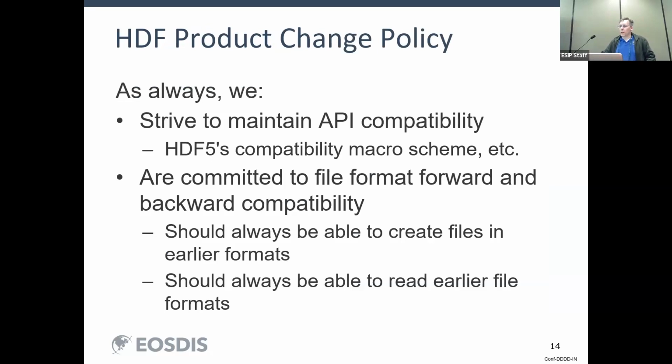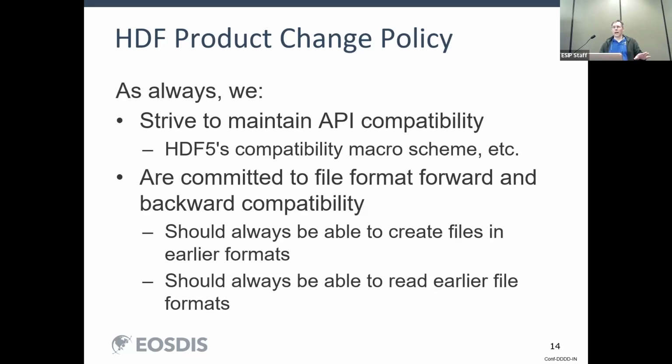And so one of the things I'm trying to do is have a change policy to make it more clear when we're going to change things that might affect our users in ways that could break their software, their build processes, and things like that. And as always, we try to maintain API compatibility. For HDF5, you can build the library to have any API you want: a 1.6 API, 1.8, 1.10, 1.12.